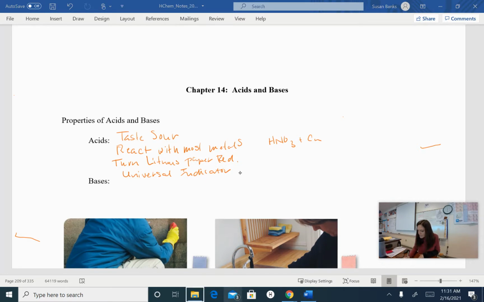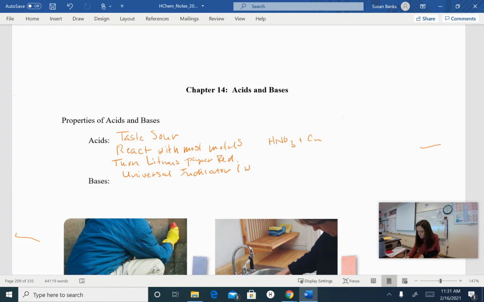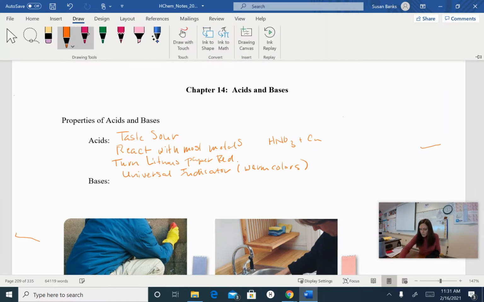So acids would be warm colors, where the red to the bright magenta pink would show us the strongest acids, and the yellow would be the weakest acids. Okay, let's do some bases really quick.